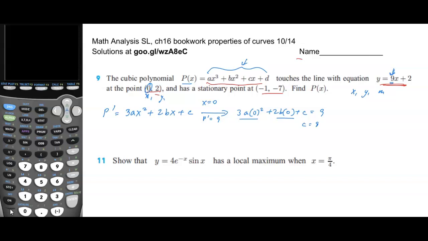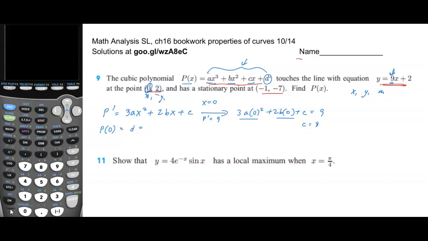9. We can also figure out what d is, and this is not calculus. They gave us the point (0, 2). If they give us the point (0, 2), we can plug 0 into p. Every single term, ax cubed, bx squared, cx, becomes 0 because we plug 0 in for the x, and then we're left with d.